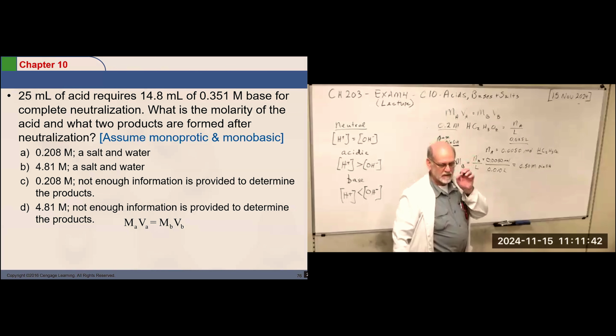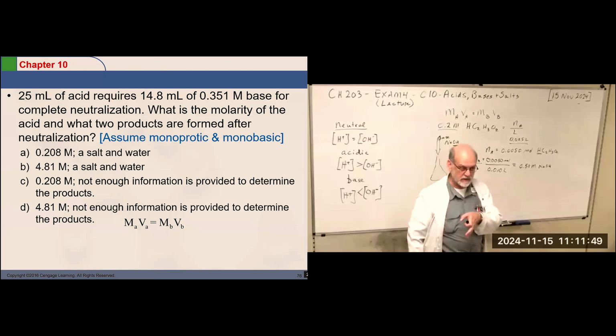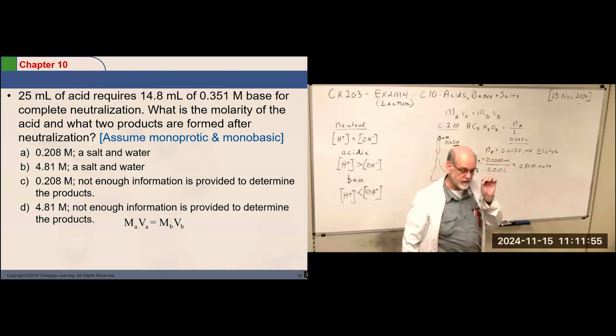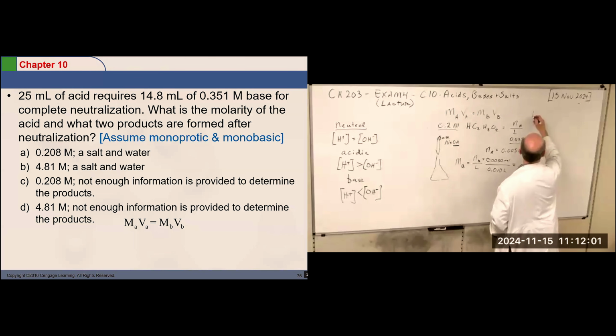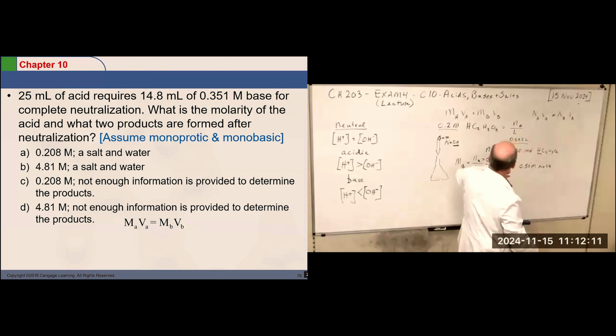If your acid is, say, diprotic and your base is monoprotic, then you can't use that. In this case, you would have to use the normality. You'd have to calculate the normality of the acid rather than its molarity. And in that case, this always works: the normality of the acid times the volume of the acid equals the normality of the base times the volume of the base. That one always works.